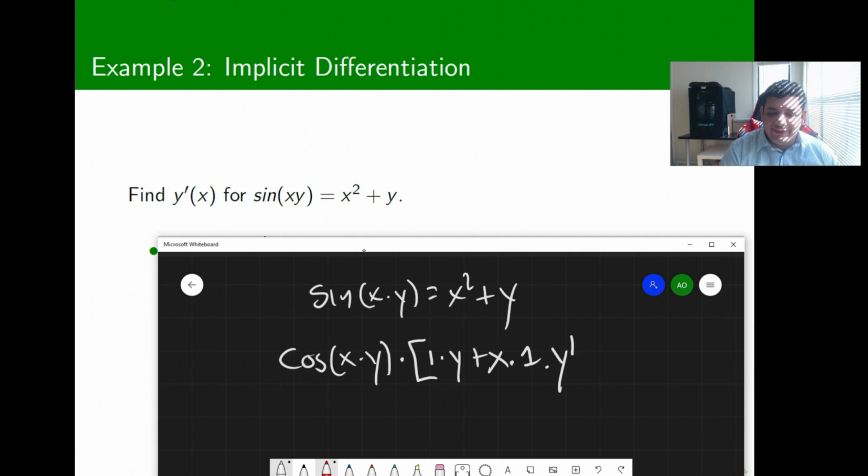Remember that this has a chain rule, so the derivative of y can be 1, but we need to multiply always by y prime. Every time that we take the derivative of y, we need to multiply by y prime. On the other side, this is going to be 2x plus 1 times y prime.